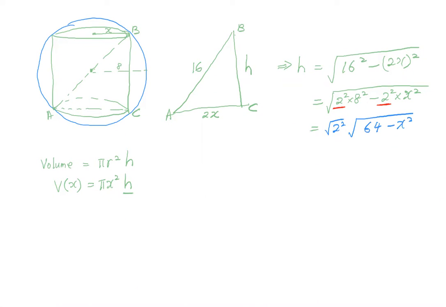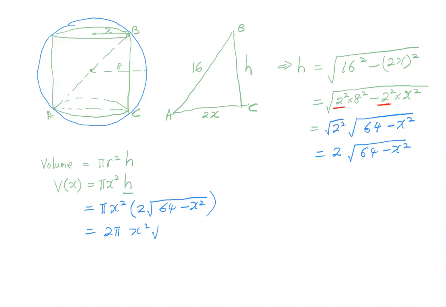Clear? So it will become 2 square root of 64 minus x squared. So this will become pi x squared times 2 square root of 64 minus x squared. So it will be 2 pi x squared square root of 64 minus x squared.